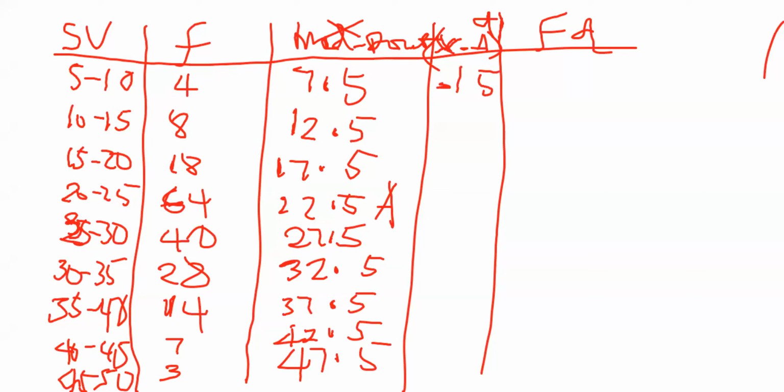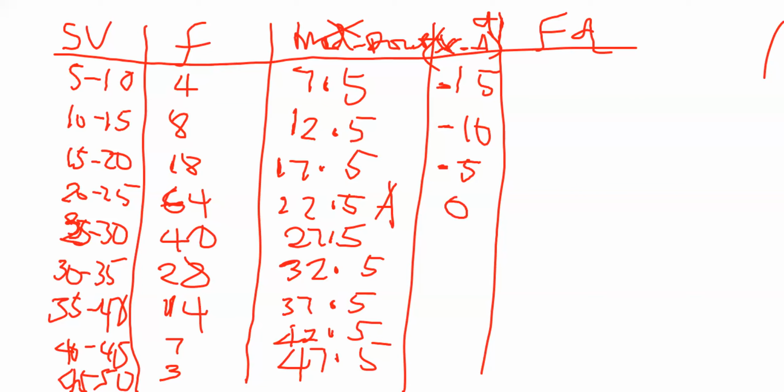Good. The next one, 12.5 minus 22.5 is minus 10. Good. The next one, 17.5 minus 22.5. What do you have? Minus 5. Is that correct? Yes. This is 0.